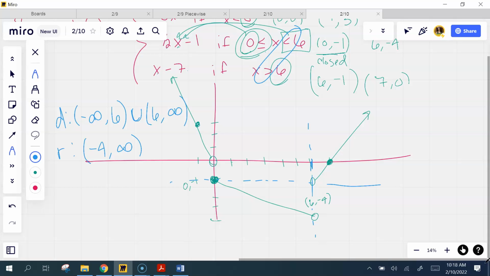Anything else? That good? Okay, let me tell you what I want you to do. You'll need your computer for the first part, but not for the second part. The first part you're going to do on your own, and it'll walk you through. It'll be an easy grade, but it will help you hopefully solidify the domain and range.